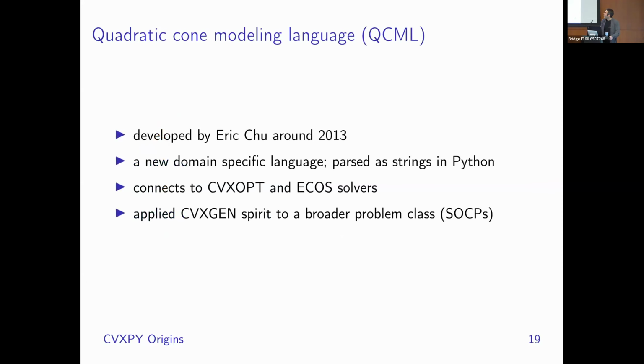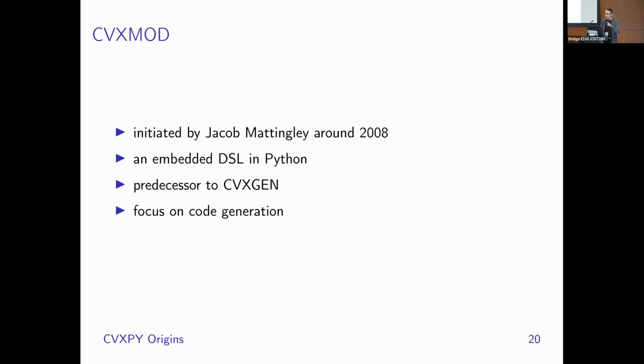There was also work by Eric Chu called QCML, which was similar to CVXGen, but you defined your problem as a string in Python. So it was still not embedded in Python. But I think that was something. This is a library that CVXPY took a lot of inspiration from as well. And then there were also some other attempts at a Python version of CVX, like CVXMOD.